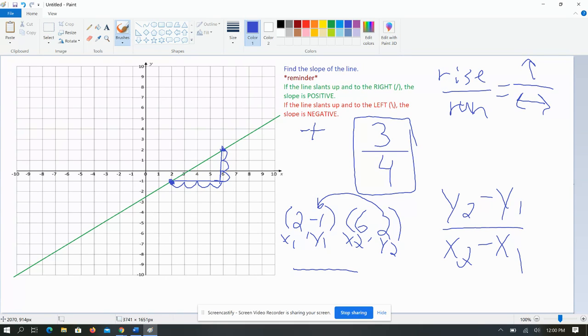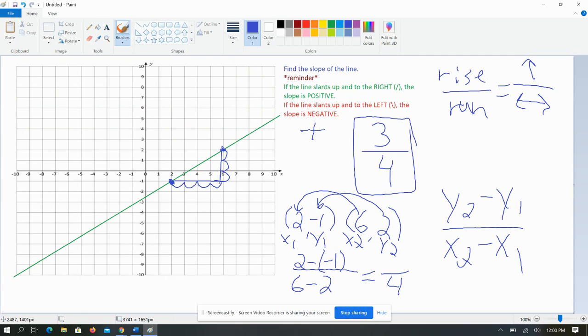I've got 2 minus a -1. Make sure you remember that that's a -1 when you're working this out. So then I'm going to write down for my x's. I have 6 and 2. So I'm going to go 6 minus 2. That's the easiest one. 6 take away 2 is going to give you 4.